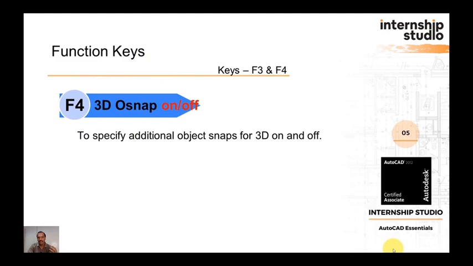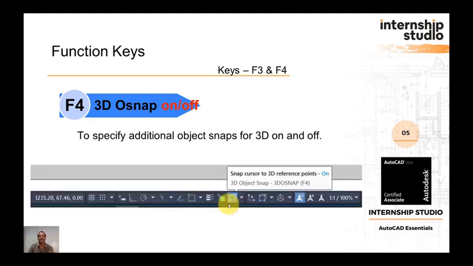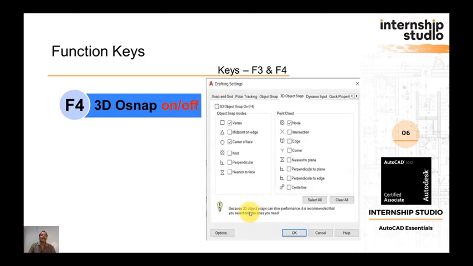Those object snaps we will study and learn during our 3D modeling. So this is the corresponding icon for three-dimensional object snaps. This is two-dimensional object snap and this is three-dimensional object snap. Some of the additional three-dimensional object snaps are given here. These object snaps we will discuss during our 3D modeling.